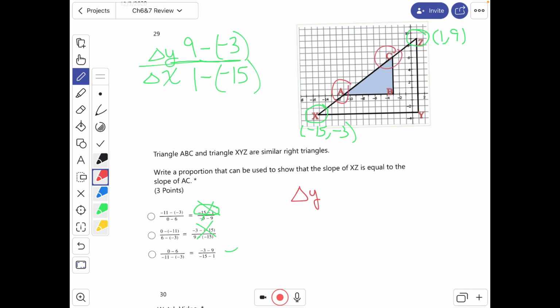Let's look at the points or the slope for AC. So this first point is negative 11, 0. And the C point would be negative 3 and 6.